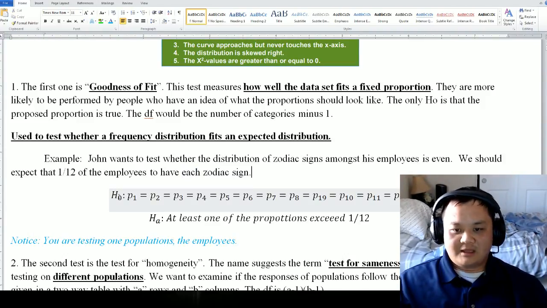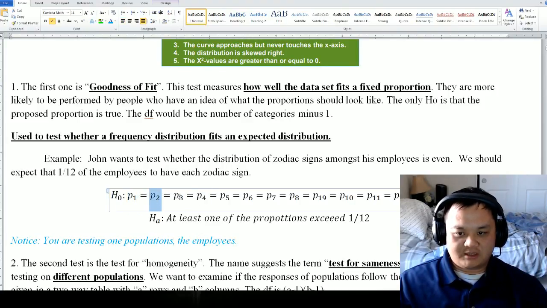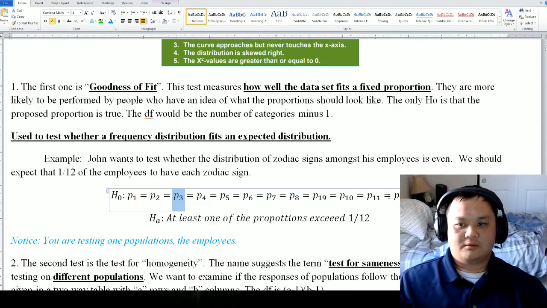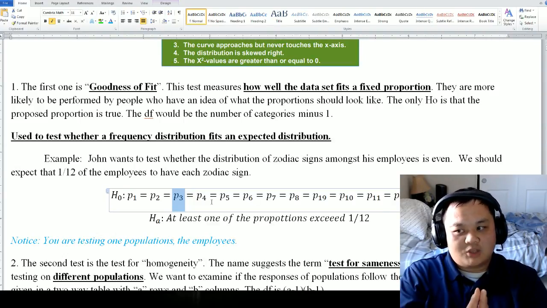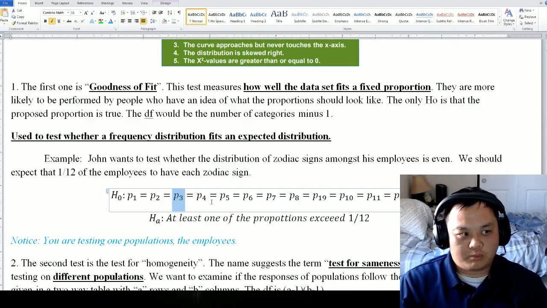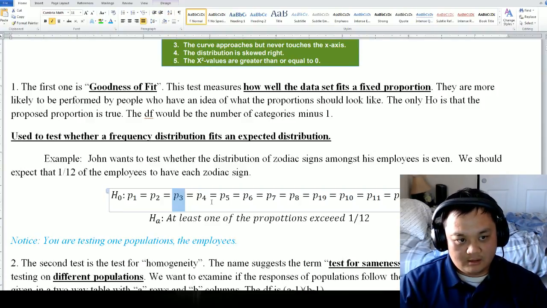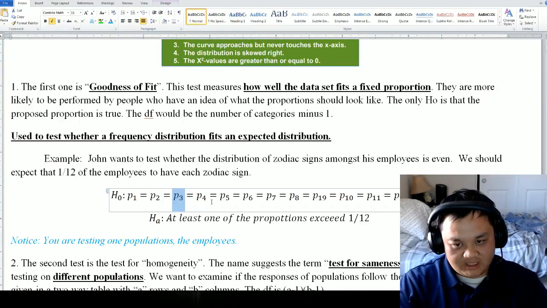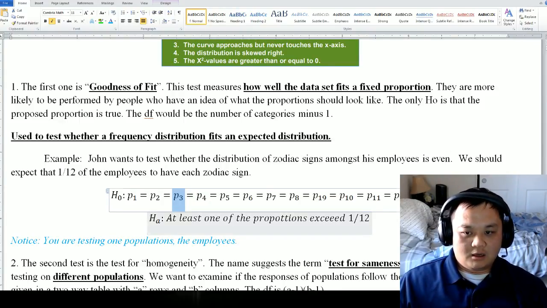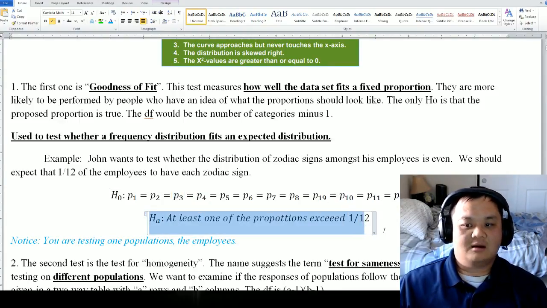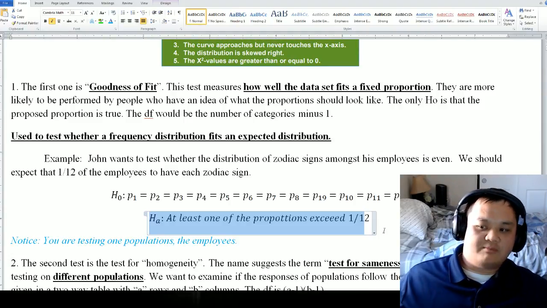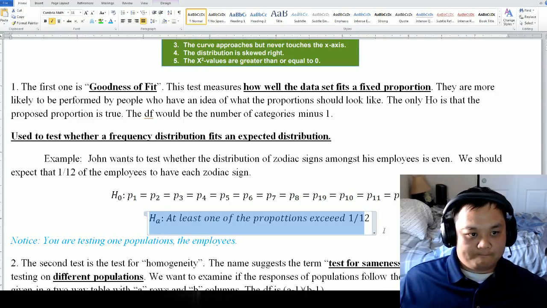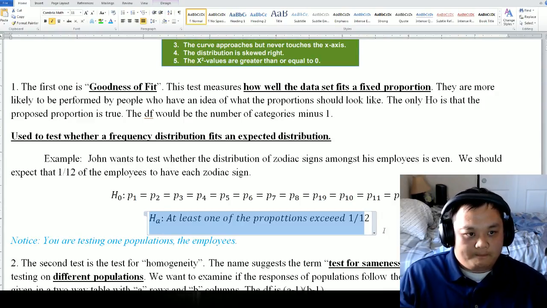Here, notice that in the H naught, all the proportions for his employees are equal. That's the null. The null is always assuming equal proportion. That's the first key. The second is the alternative: at least one of them breaks away from, or exceeds, the expected proportion.